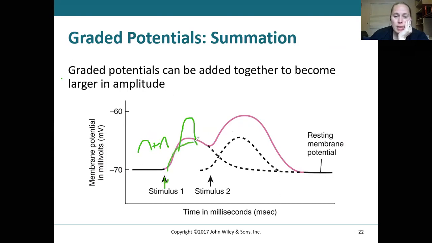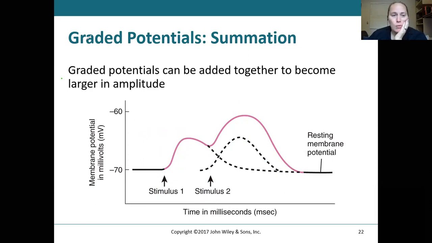Stimulus 1 is this big, and before it returns back down to the resting membrane potential, if you give a stimulus again, it's just going to grow in size. So you can give two stimuli close together and make that bump bigger. Or you can give a lot of stimuli at the same time at the first bump, and that can also become much larger.